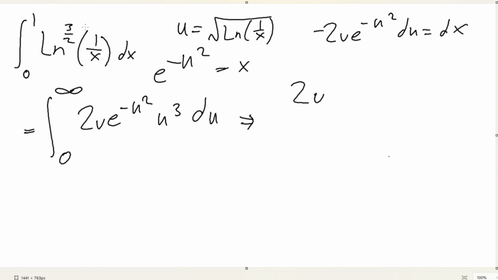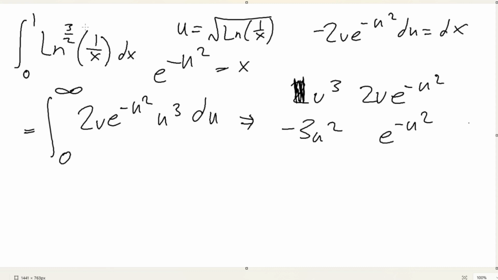What am I doing? 2u cubed. Oh no, I'm getting lazy. Let's see here. Actually, let me bring in the 2 here and have this be u cubed. Then we get negative 3u squared. And this would just be this. Oh, well, what's the negative? We need to have the negative.